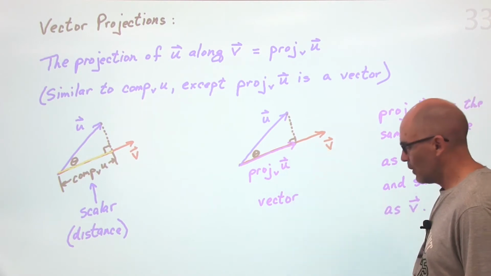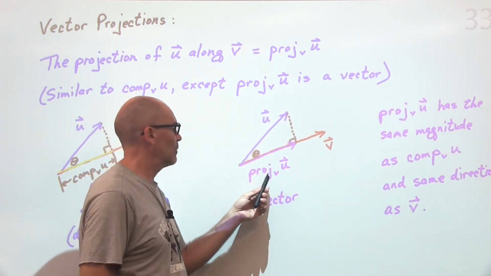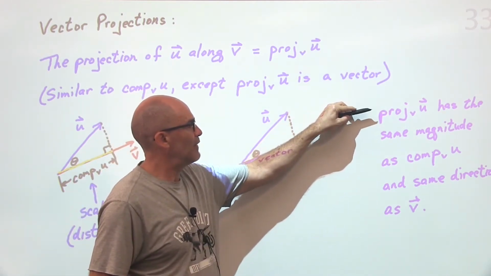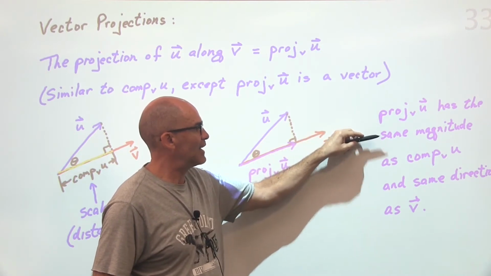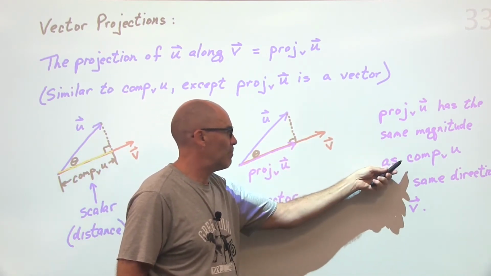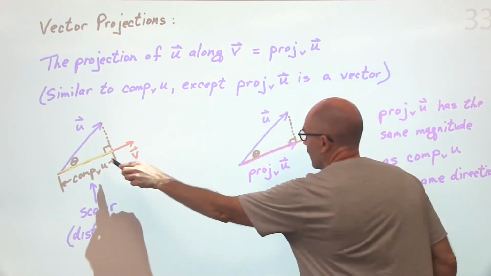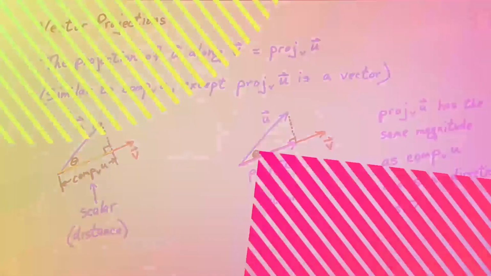That is a vector, and it's entitled the projection of vector u on v. Now, the projection of vector u on v has the same magnitude as the component of vector u on v, and it has the same direction as vector v. So we have our magnitude and direction of this projection.